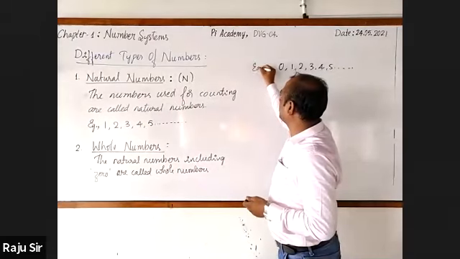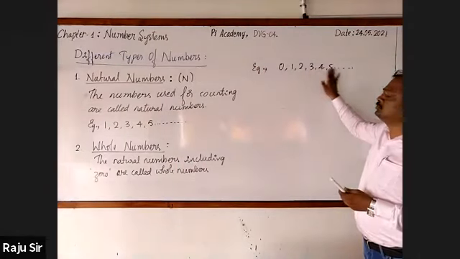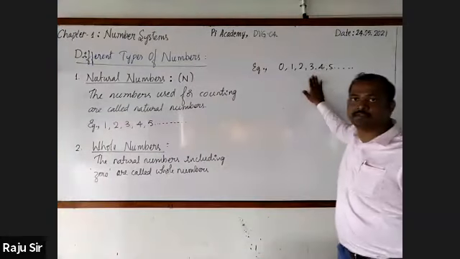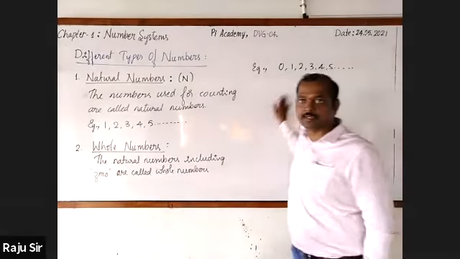Now write the example. Examples are 0, 1, 2, 3 and so on. These are all whole numbers.